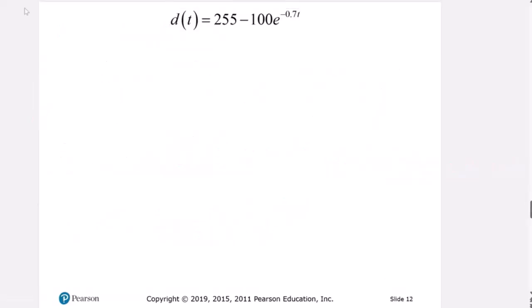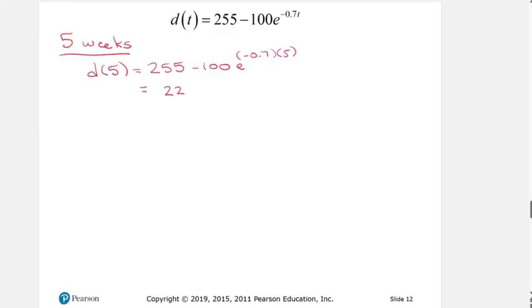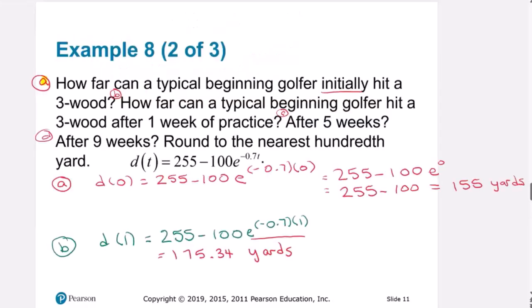So after 5 weeks, now T is 5, so I get 255 minus 100 e to the minus 0.7 times 5. And I get 221.98 yards. And then after 9 weeks of practice, I believe the last thing was 9.